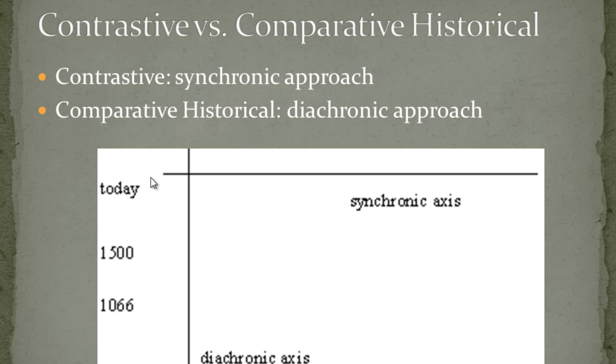Now this diagram is very important in language studies. When you go to higher study in languages, it will be used very often. It's a framework for categorizing, for differentiating lots of key concepts.